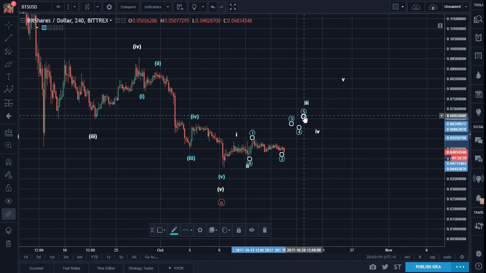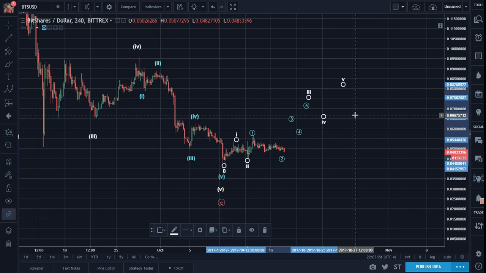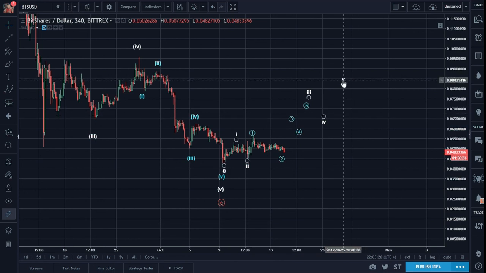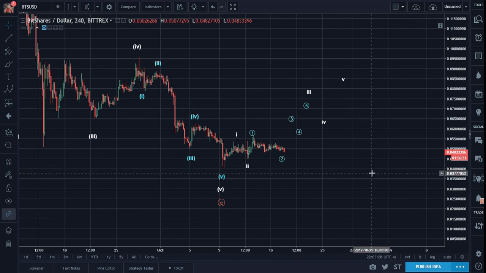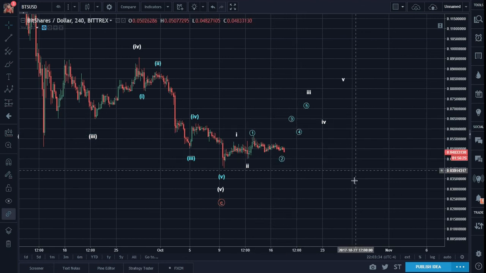Then 3, 4, and 5. Put the 3 up, like so. So we need to see it taking some higher highs. Higher highs will be needed for this.